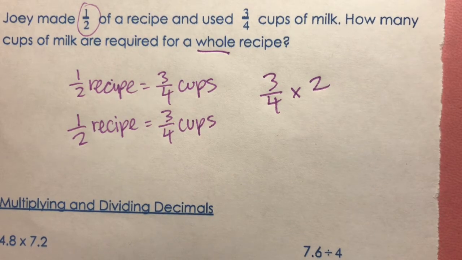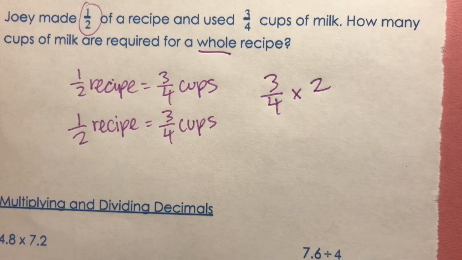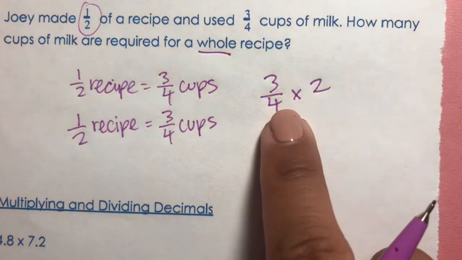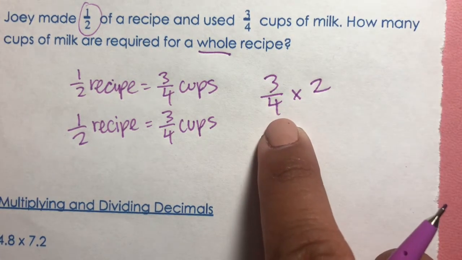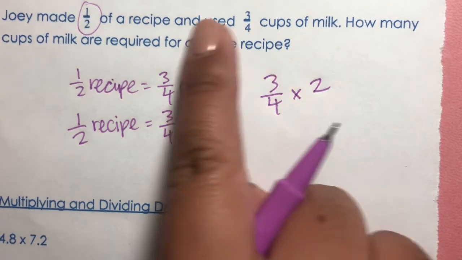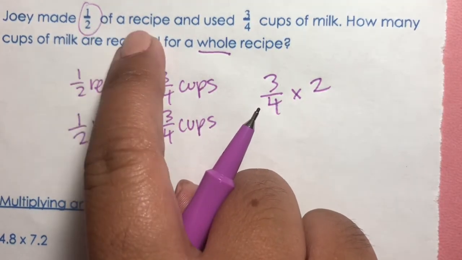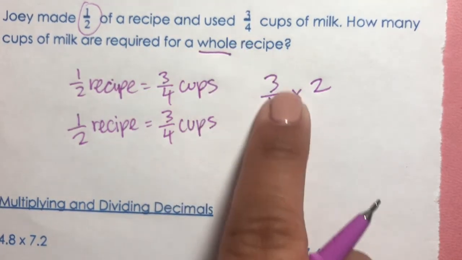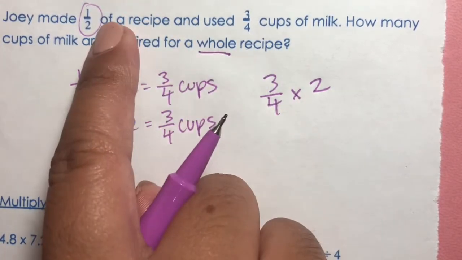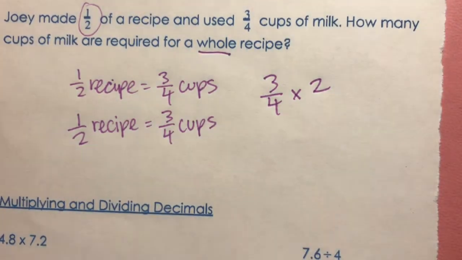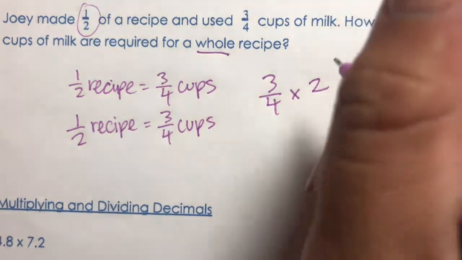And remember with fractions, you got to think about that. When you have halves, when you have 1/4, when you have 3/4, it's making up a part of a whole. So for half of the recipe you need 3/4 cups of milk. If we want to make the whole recipe, we need 2 times 3/4 cups. So we just got to multiply it by 2.